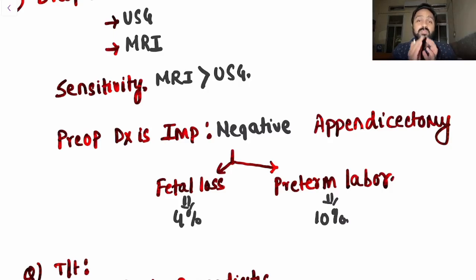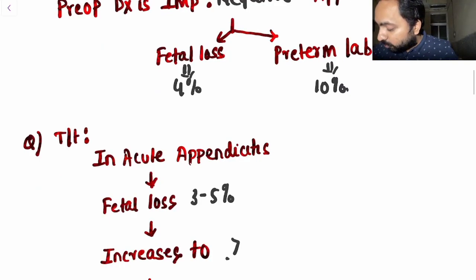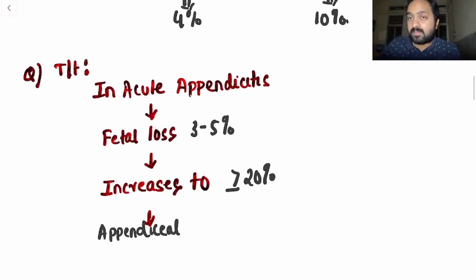Now, coming to the treatment part, in acute appendicitis the fetal loss rate varies from 3 to 5%. However, the important point to remember is that it increases to more than 20% if there is an appendiceal perforation.